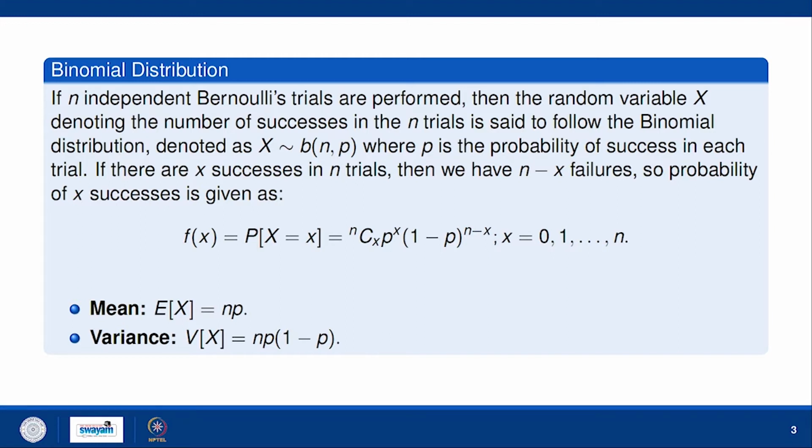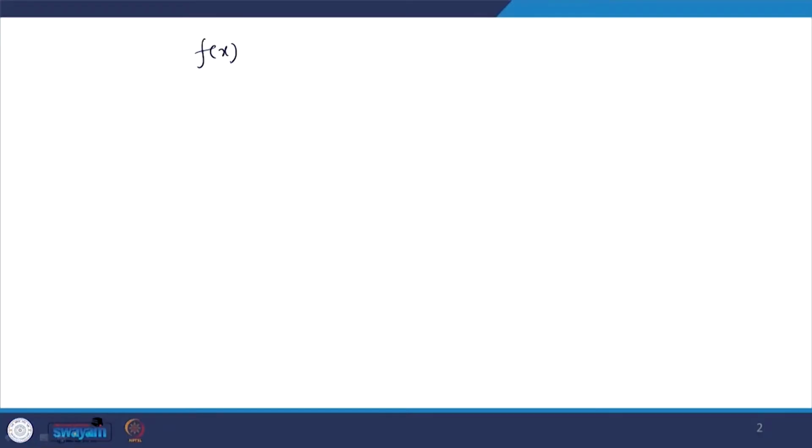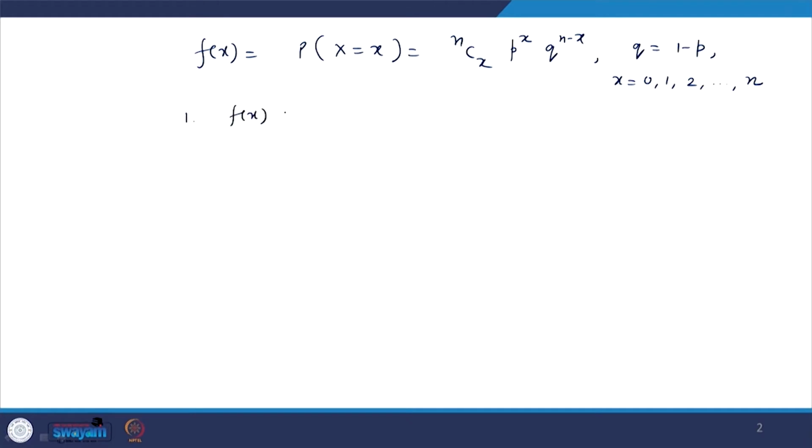Now, if you see this particular distribution, f(x) equals P(X = x), which is given by nCx p raised to power x q raised to power n minus x, where q is nothing but 1 minus p and x varies from 0 to n. For any x from 0 to n, it is always non-negative. So, the first condition, that f(x) is greater than or equal to 0 for all x, is of course satisfied.